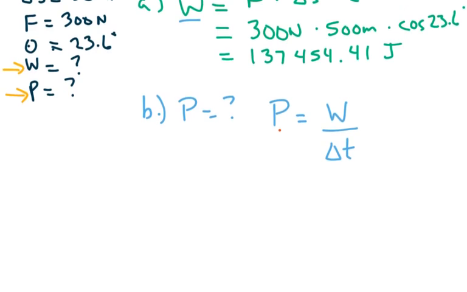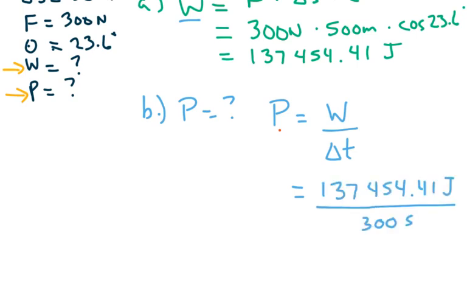I have my work value from above, and I'm going to divide that by my 300 seconds. So that gives me a power amount of 458.18 watts. We can round that down to 458.